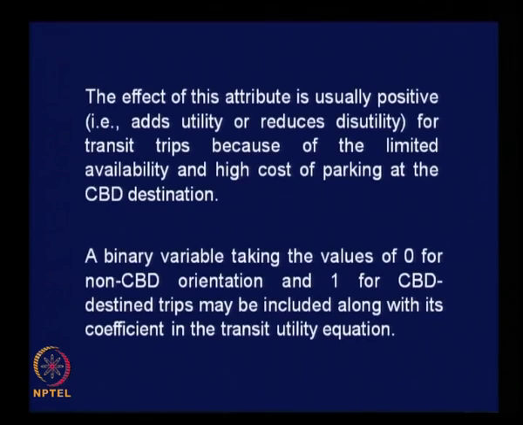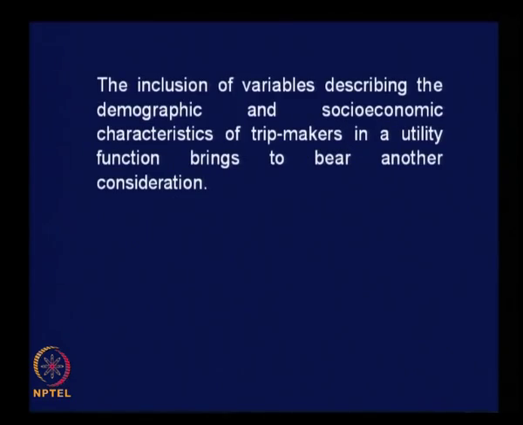You have to differentiate situations based on the field conditions. The inclusion of variables describing the demographic and socio-economic characteristics of trip makers in a utility function brings to bear another consideration. So far we have been discussing based on the assumption that there is no distinction between individuals.